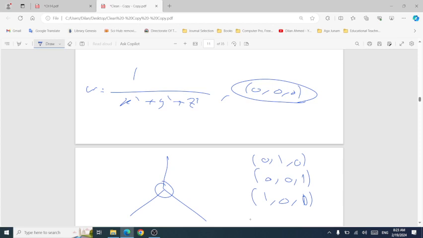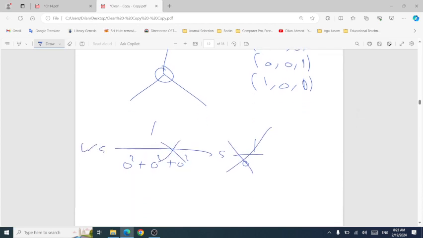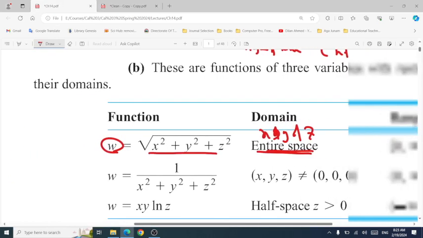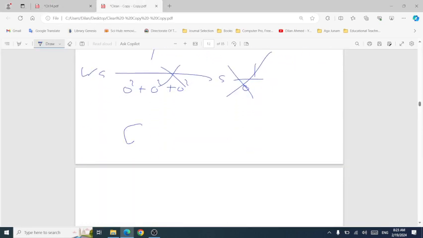Good. Because only in that case will I get 0, 0, 0 is equal to 1 or 0 was undefined. Otherwise, all these points can be included. Just only origin. We see the entire space without 0, 0, 0. Or you can say x, y, z not be 0, 0, 0. Otherwise, all accepted.